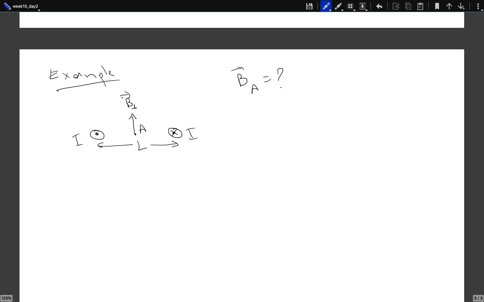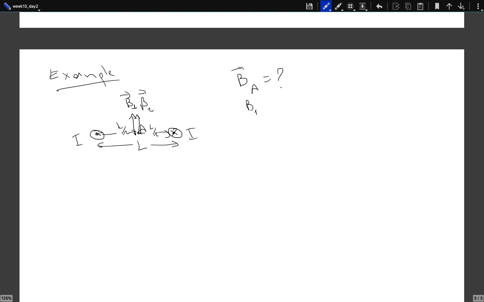If you look at the second current, the current is going into the screen. Use your right hand, so your fingers will point that the magnetic field is again pointing upward. Let's say this distance is L over 2. This distance is also L over 2.